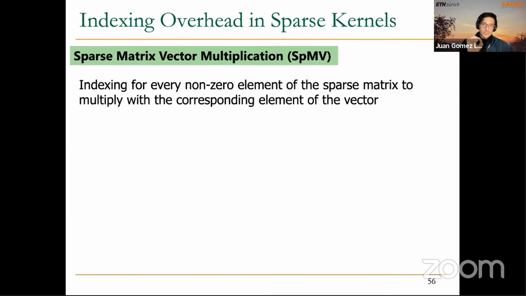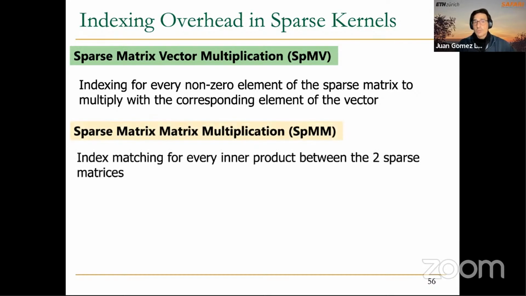And as I said, this requires, in CSR, going to the array of row pointers, going to the specific row number, and then finding the pointer to the values and the column arrays that store the element we are looking for.